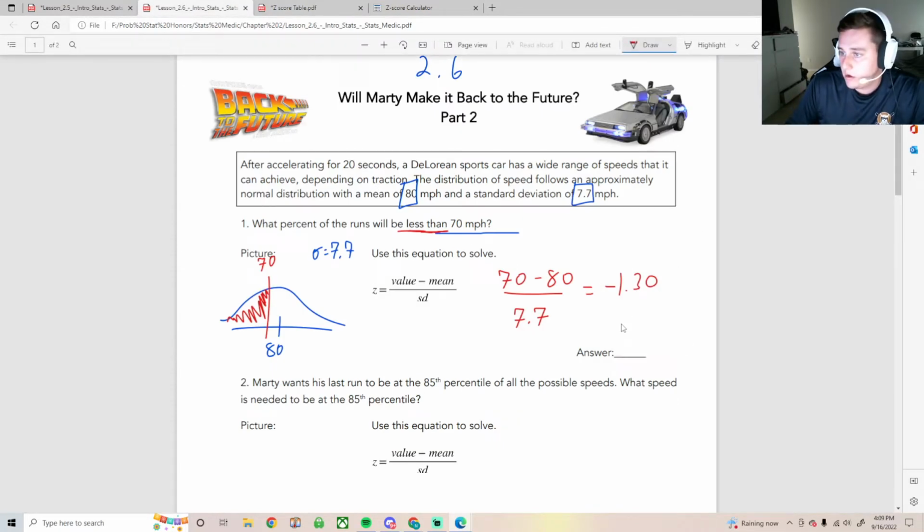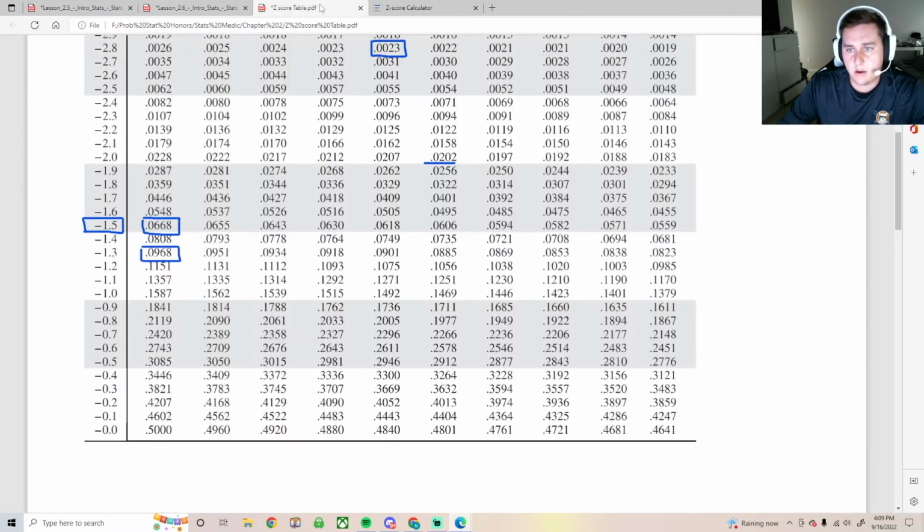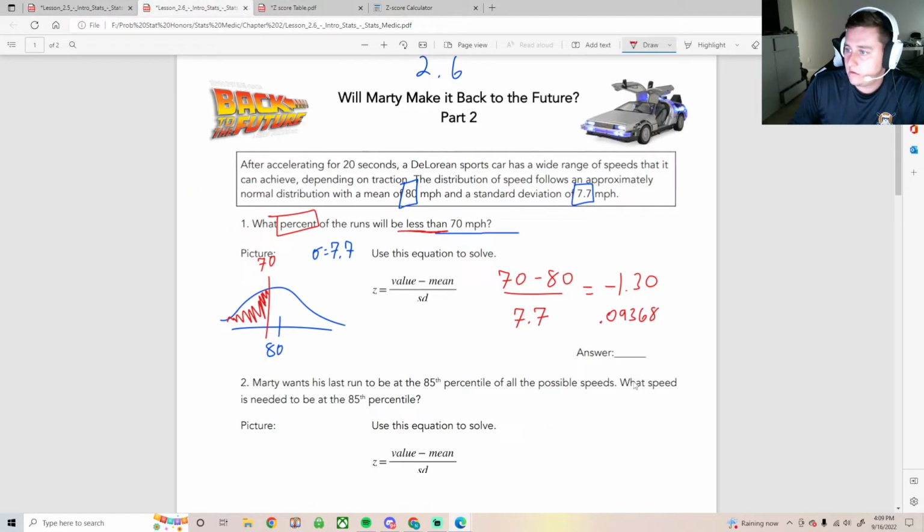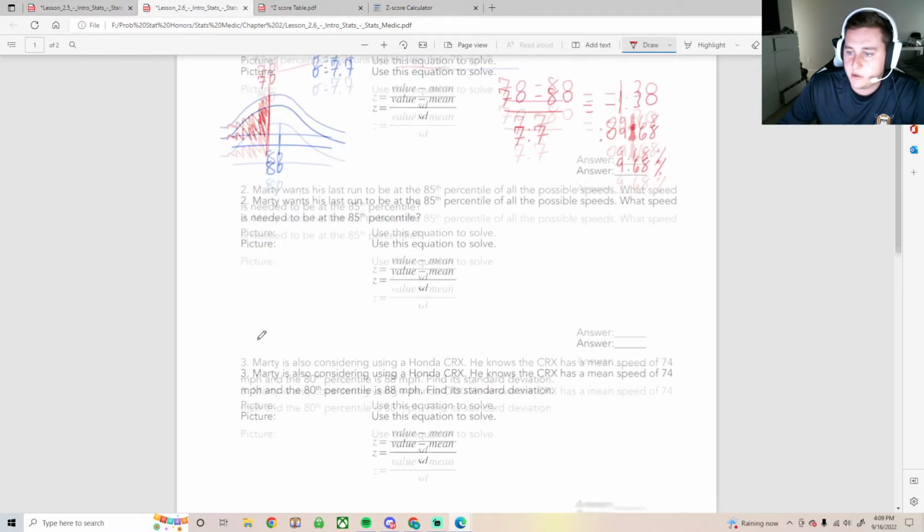So what percent of runs? Instead of 0.0938, right? Or am I making that up? 0.0968. I don't know where I got the 3 from. Move the decimal point twice. This would be 9.68%. Easy peasy.